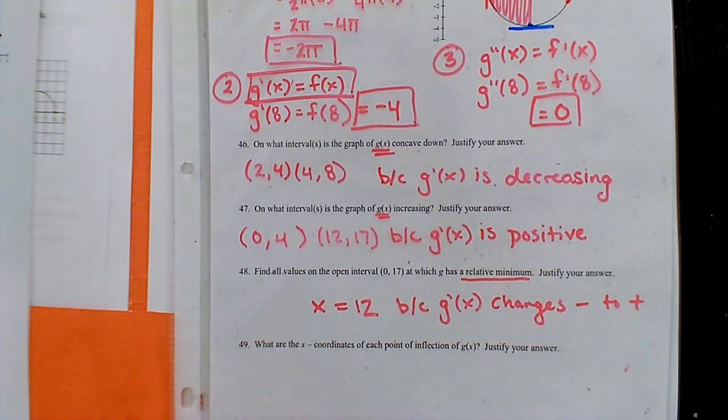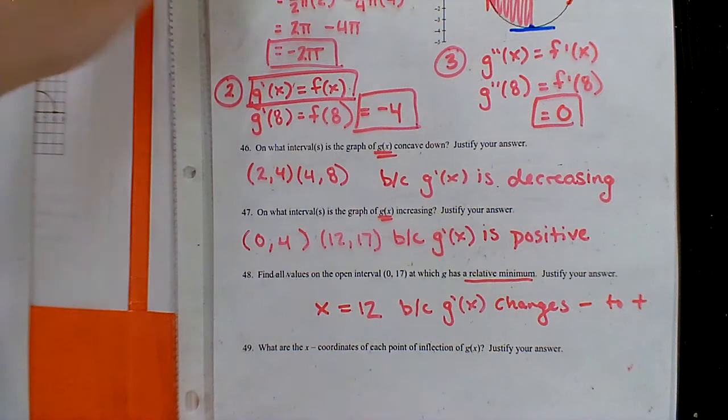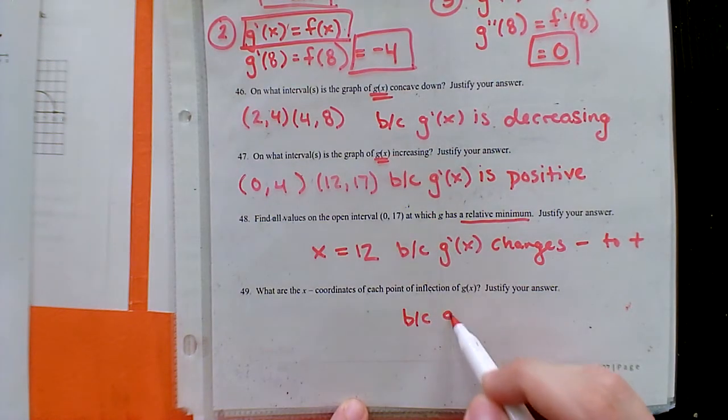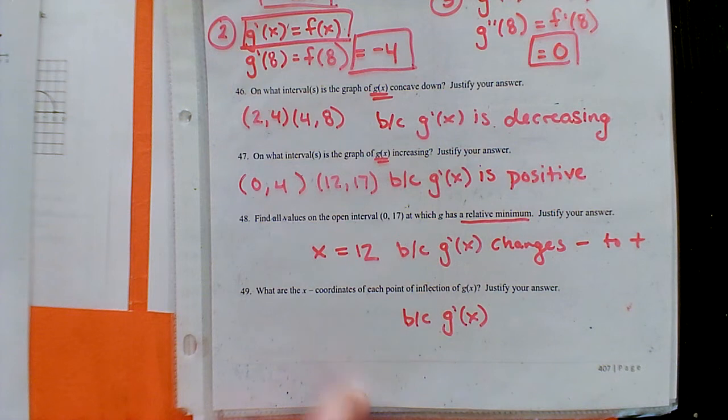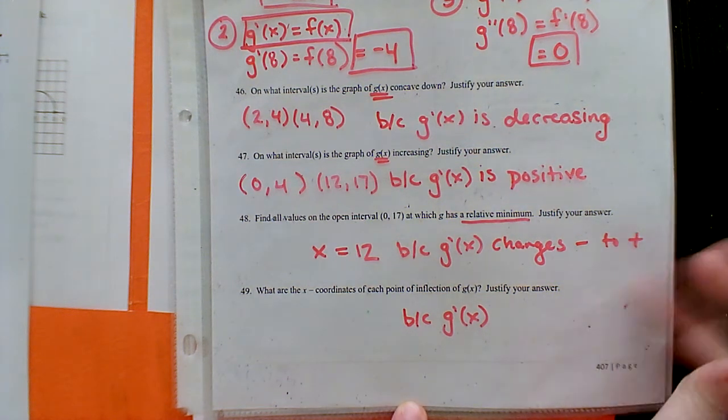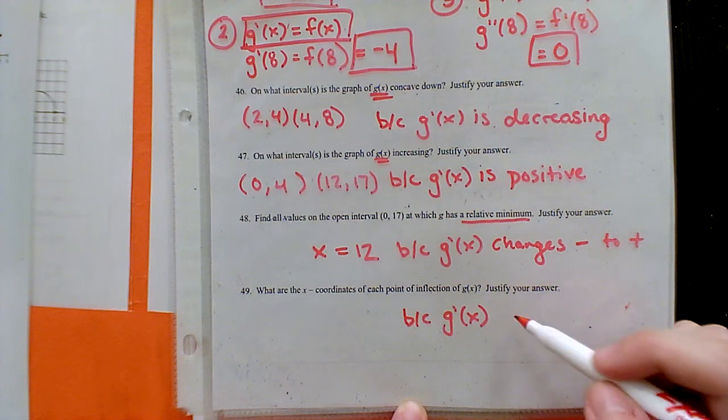All right, last but not least, what are the x-coordinates of each point of inflection on the graph of g? What does g prime have to do in order for you to identify a point of inflection? Think about your relationships. The graph has to have a slope that equals 0, or it goes from positive to negative.